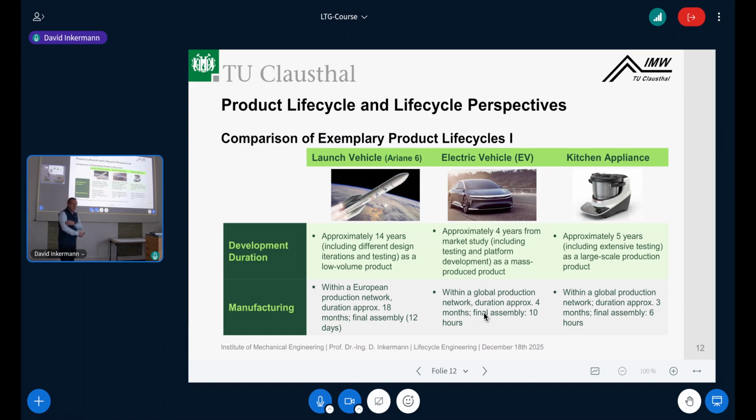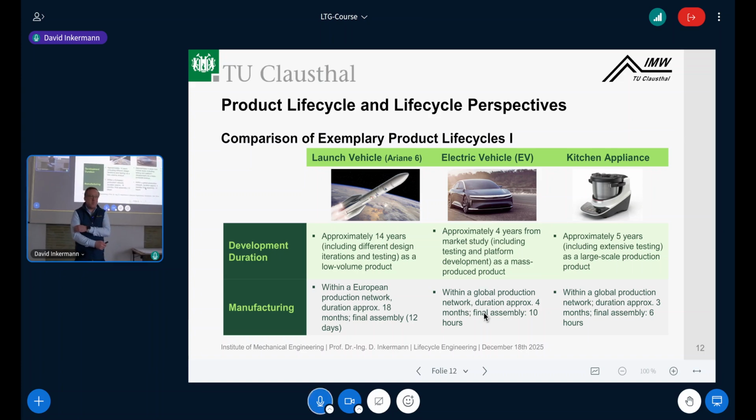On the one hand, this Ariane 6 example, just finished last year. You have this electric vehicle, but also a kitchen appliance. If we analyze the product life cycle for these specific products a little bit, it turns out there are very detailed differences.